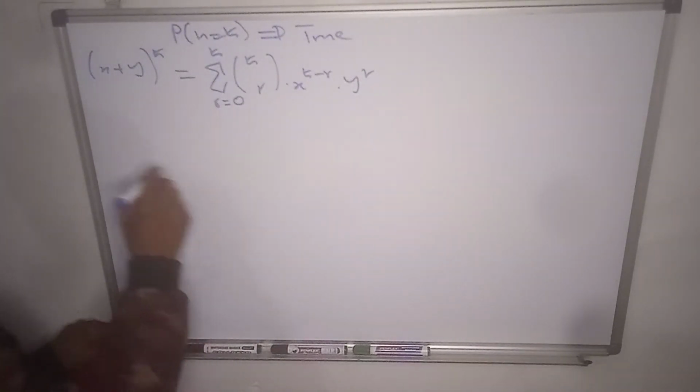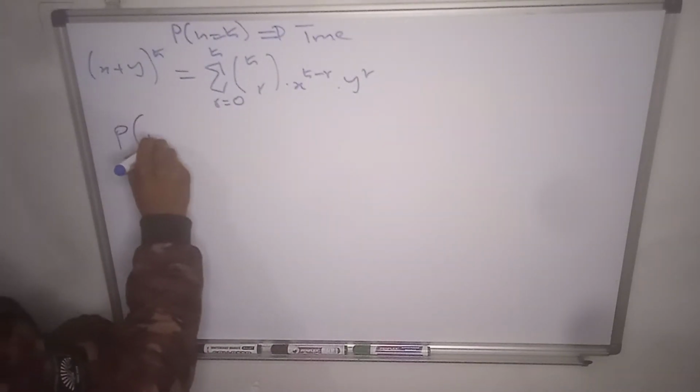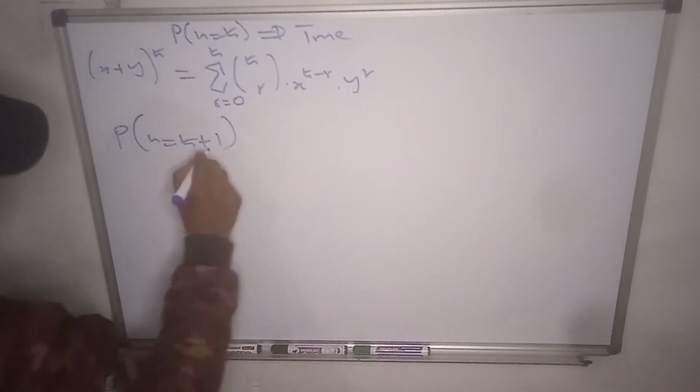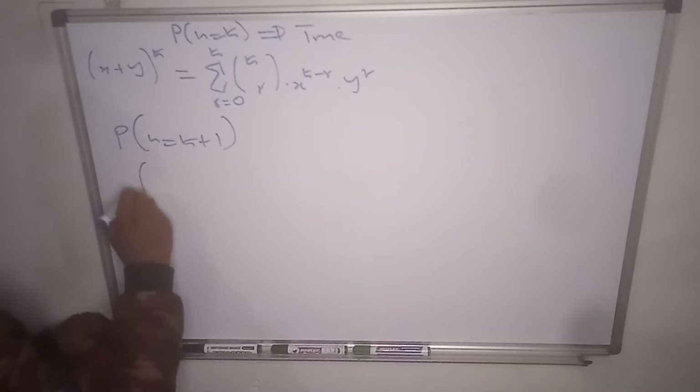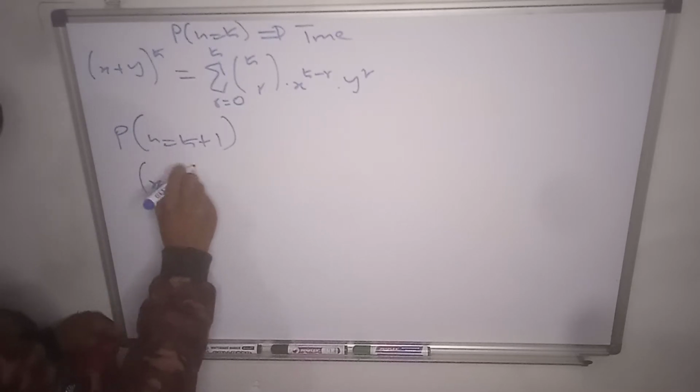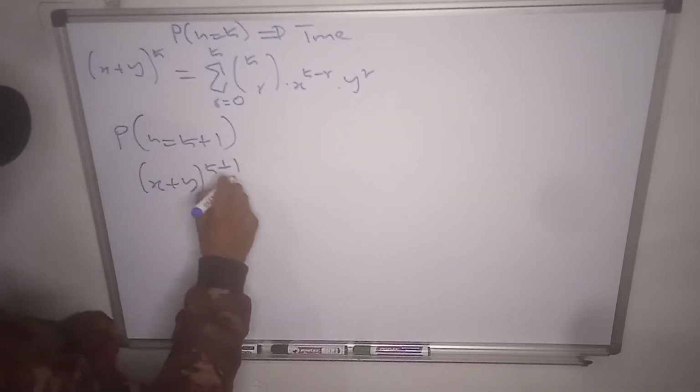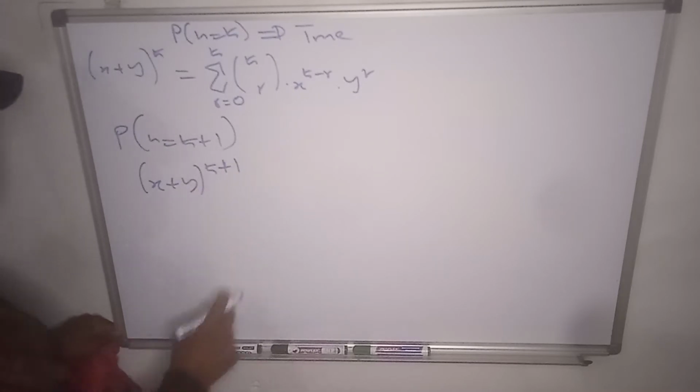Then if it's true, that means P(n) for n = k plus 1 must also be true. So wherever we see n, we put k plus 1. So even here it is going to be (x + y)^(k+1). We are going to say this is true.